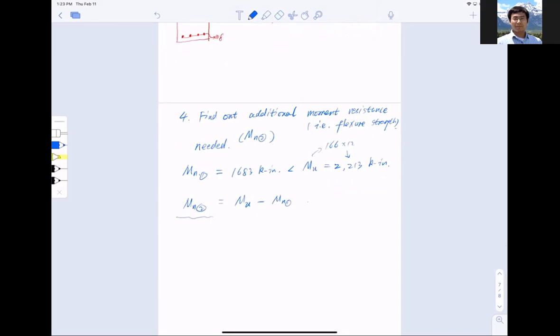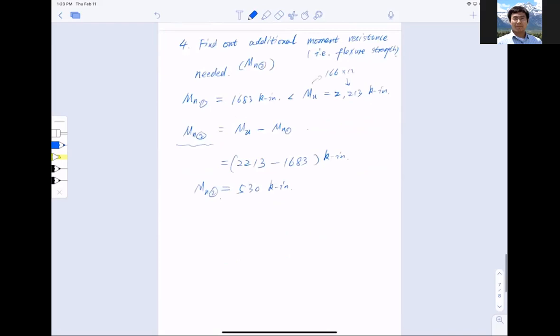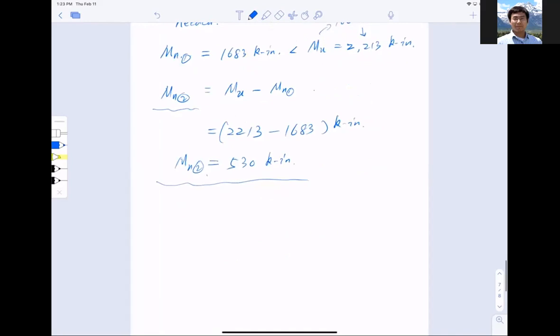So I end up with 2,213 minus 1683 kips inch, and that leaves me with 530 kips inch. So that, ladies and gentlemen, is the additional requirement. With this, I know I need additional moment resistance or flexure strength of 530 kips inch. The reason I converted everything back to kips inch is because I will end up finding the area of steel in terms of inch squared.